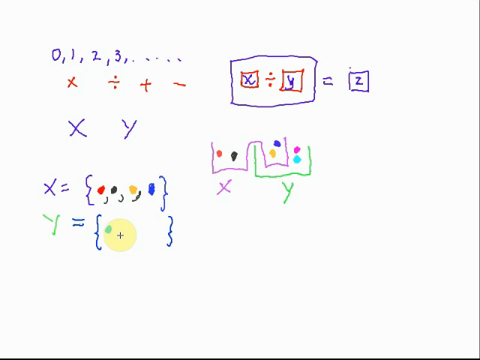We've got a sort of purplish ball. And then we've got a yellowish ball. And then we've got the blue ball. Again I'm going to separate those with commas. Those are supposed to be commas.